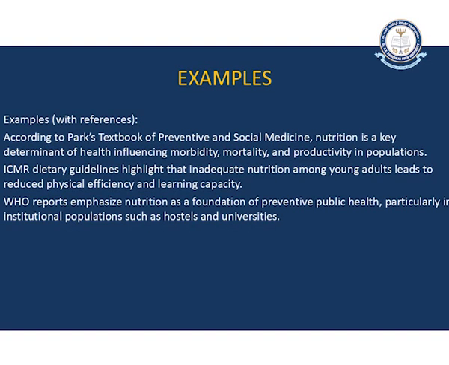Food systems determine nutrition outcomes. For example, a balanced diet improves employees' productivity. According to Park's Textbook of Preventive and Social Medicine, nutrition is a key determinant of health influencing morbidity, mortality and productivity in population.